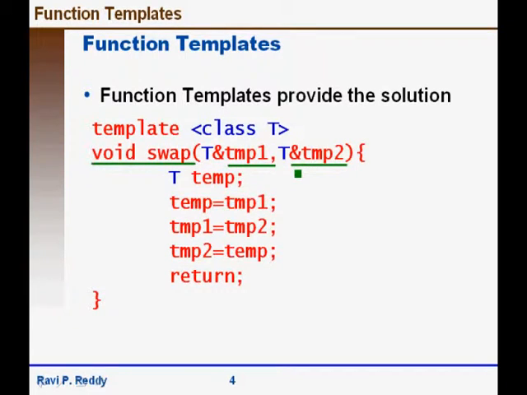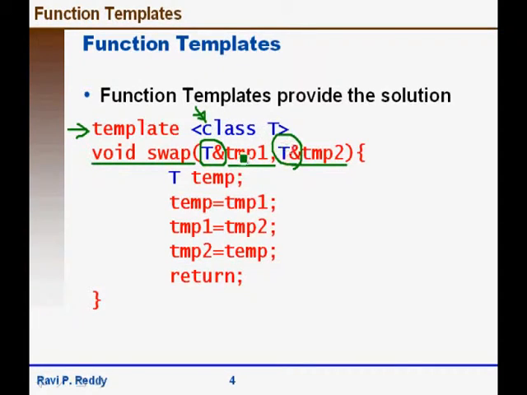They both are reference variables of an unspecified type T. And here is another variable of the unspecified type T. This unspecified type T is what is mentioned in the first line, where we write template class T, meaning that this is a function template containing an as yet undefined class T. This class T will be provided by the user in the function call.